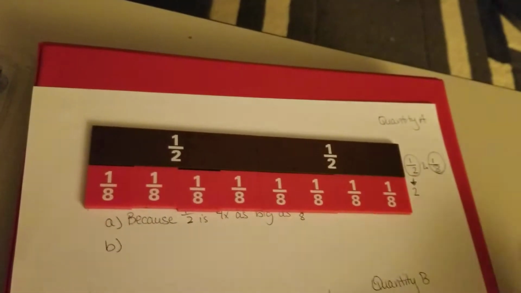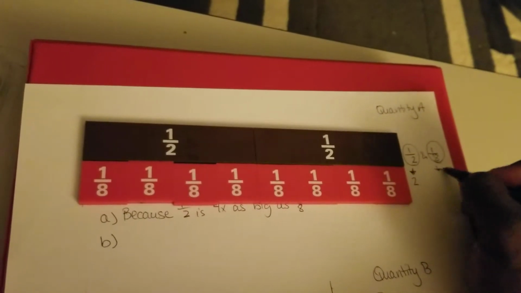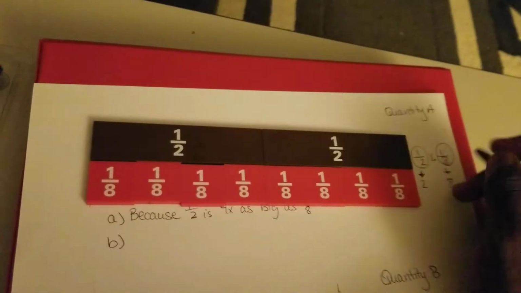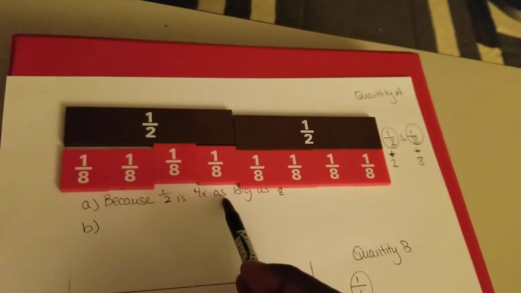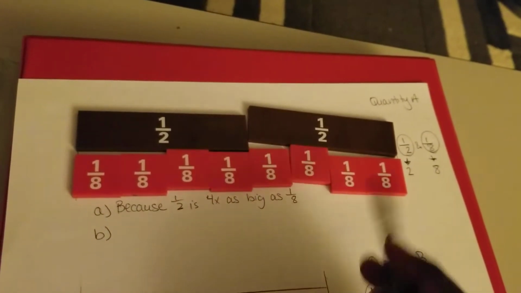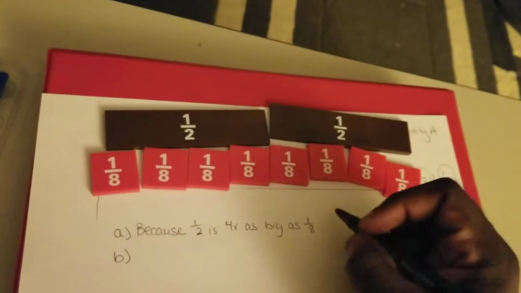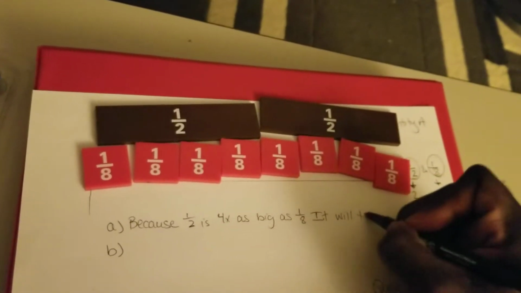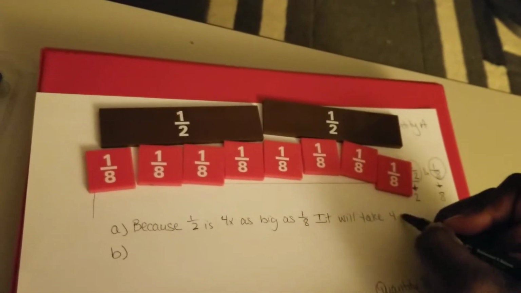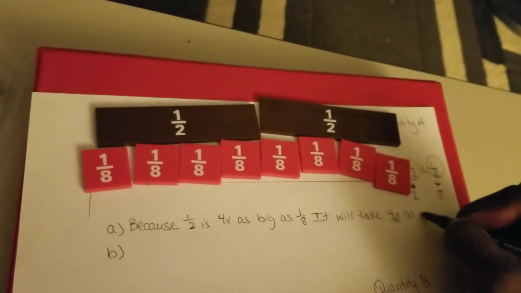So if a quantity can be measured using 2 halves, then it can be measured using 8 eighths. So in other words, because 1/2 is 4 times as big as 1/8, it will take 4 times as many eighths.